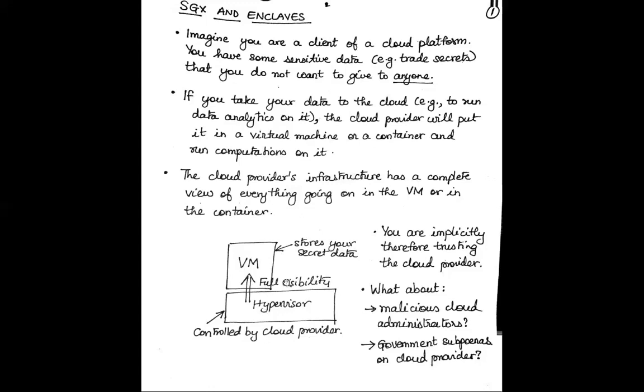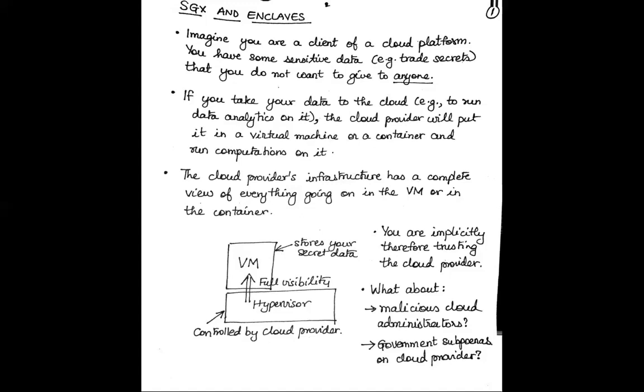Now, unfortunately, this notion of trusting somebody, trusting a cloud provider, be it Amazon or be it Windows Azure or be it the Google Cloud Platform, that is not an acceptable situation. That is not an acceptable situation in many, many business cases. So, for example, banks are extremely sensitive about the data that they store.